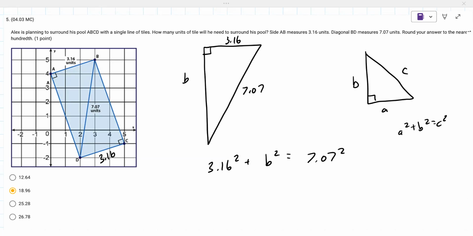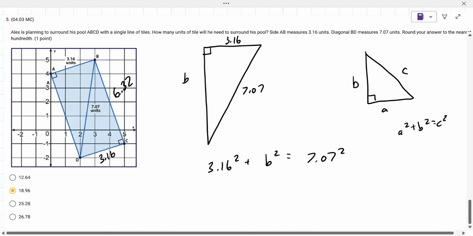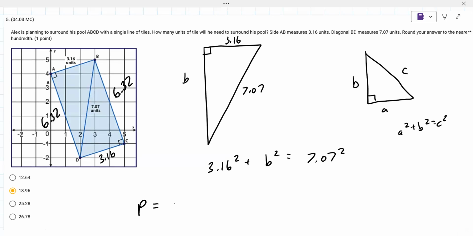Let me take a look at that here. 7.07 squared minus 3.16 squared. So you should have gotten 6.32. Your perimeter is 3.16 plus 6.32 plus 3.16 plus 6.32. I think I know what the mistake was.